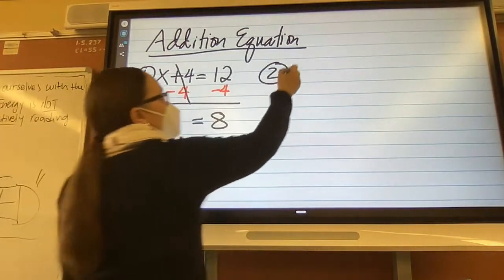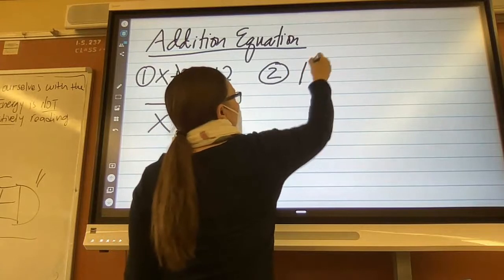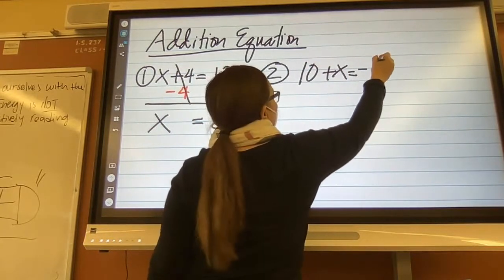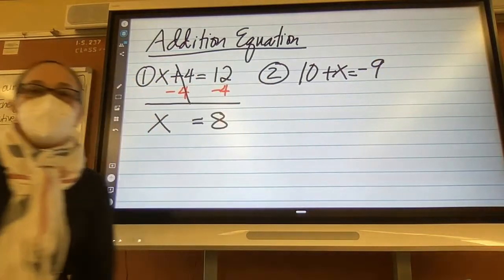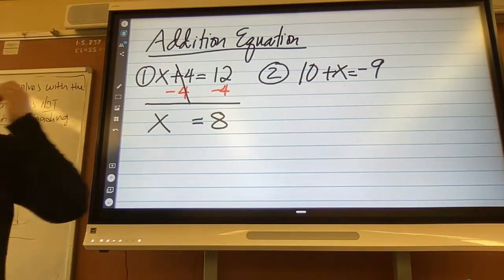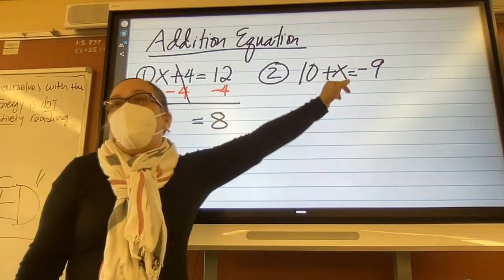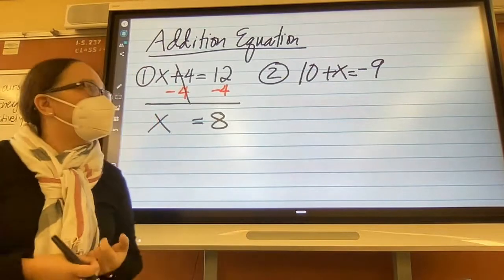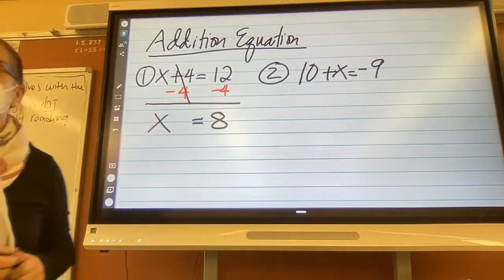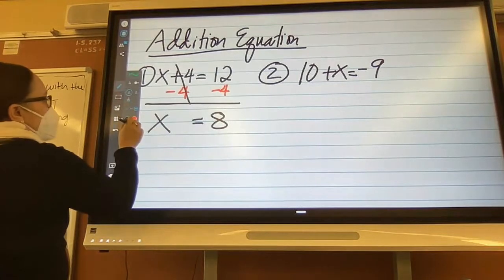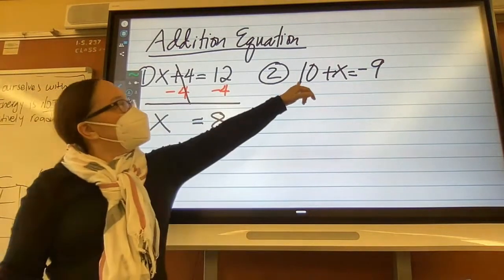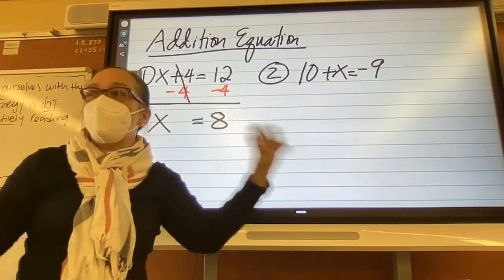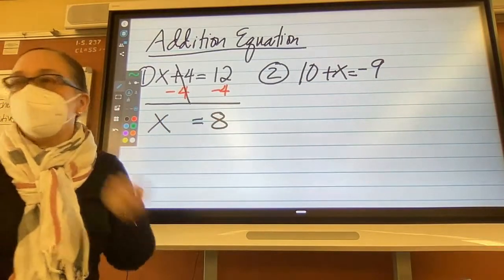Let's have another example. Let's say we have 10 plus x equals negative 9. What will we do? There is a 10 attached to the x, and we need to make that x stand by itself. What do we do? We subtract 10 from both sides of the equation.